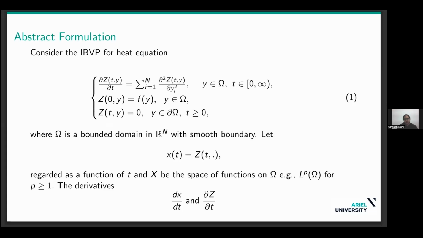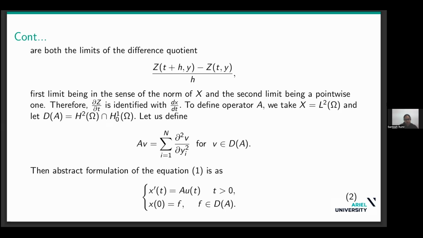Then the derivatives dx/dt and ∂z/∂t are both the limit of the same difference quotient, but the first limit is taken in the norm sense and the second one is taken in the pointwise sense, because the first one is the Fréchet derivative that we consider in the abstract space, that is the Banach space here, and the second one is the classical partial derivative.